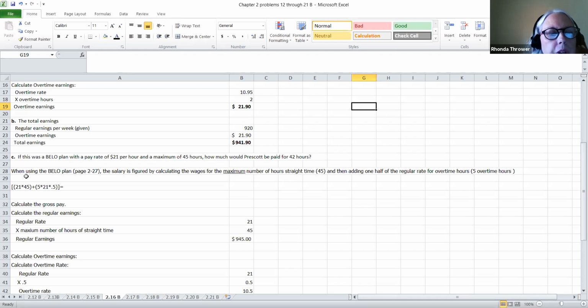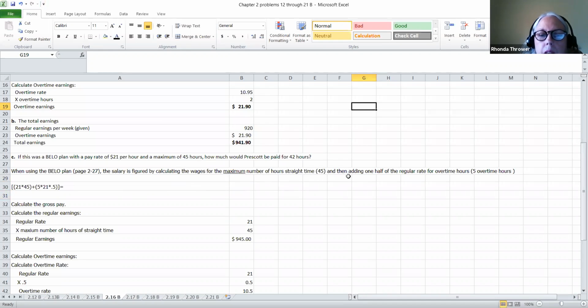So when you use the Belo plan, which they discuss on page 2-27 of your textbook, the salary is going to be figured by calculating the wages for the maximum number of straight time hours. In this case, the maximum number of hours is 45. That was given.